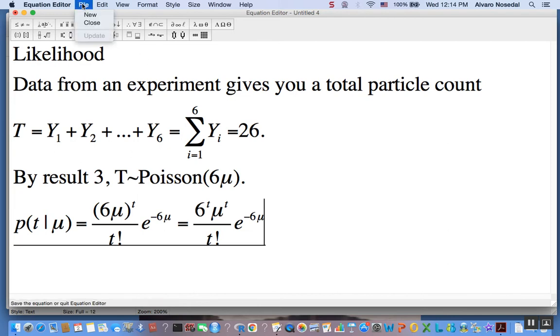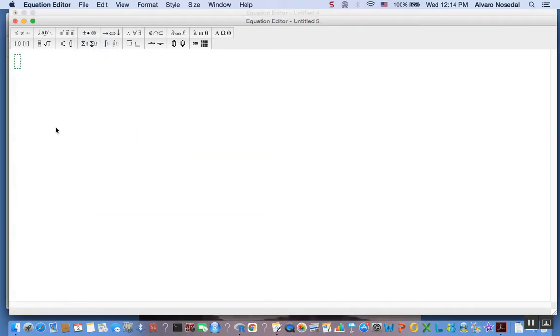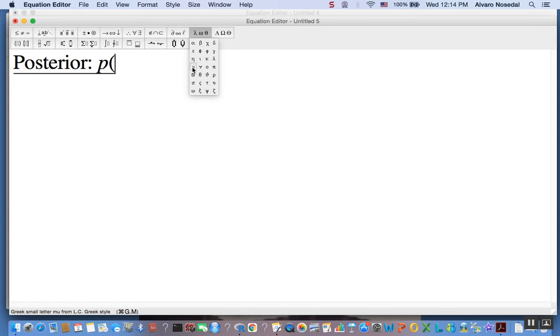Let me remind you how we do that. Posterior. In general it's given by a conditional probability, the probability of observing a particular value for our parameter given our data.